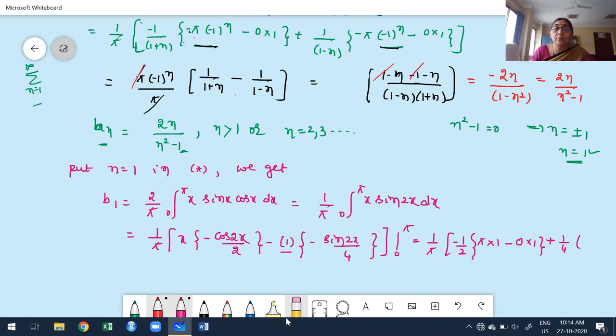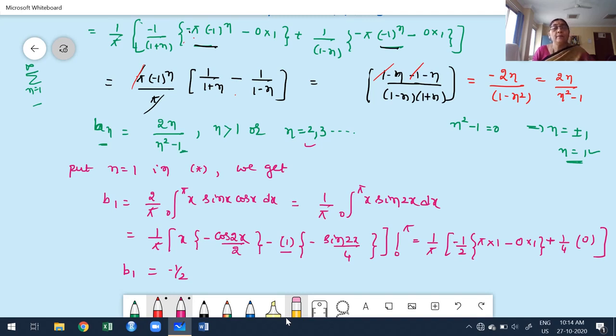Put x is equal to pi, sin 2 pi is 0, sin 0 is also 0. In the next step, pi cancels, and we get minus half. Minus half is a constant value, so for n is equal to 1 we get b1 is minus half, whereas the general formula gives infinity.